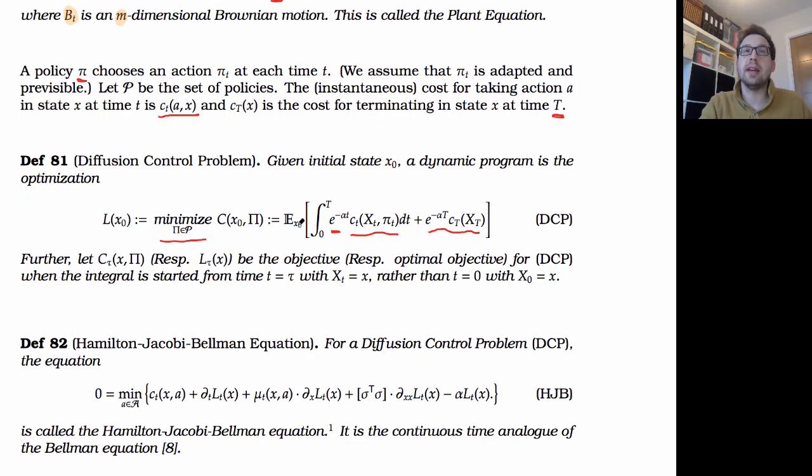So if we're at state x0, we take the expectation of this over the paths of the stochastic integral given the choices that we're making according to the policy.